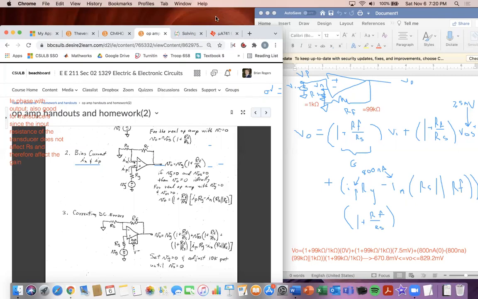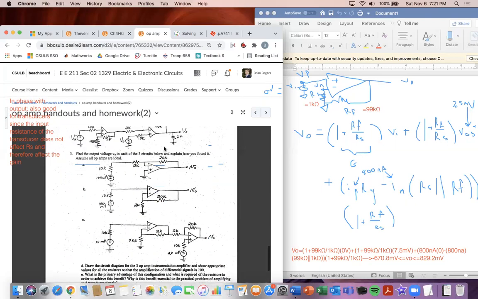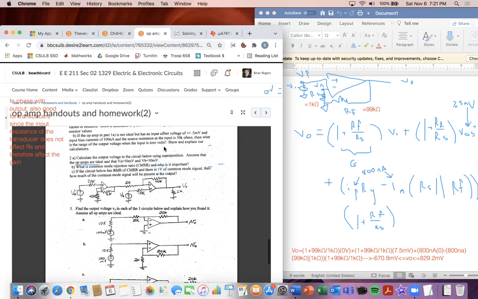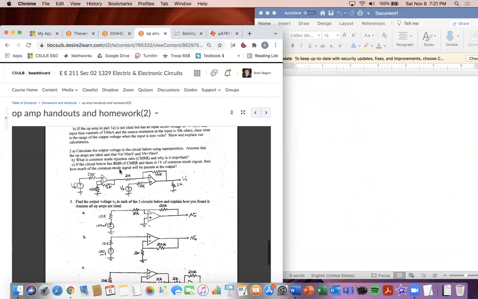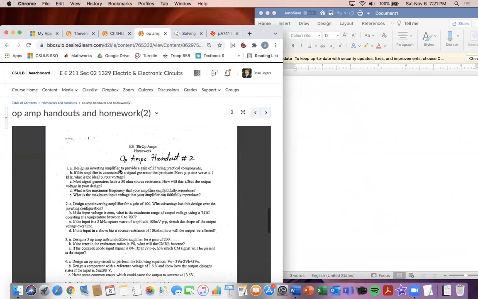Okay, now that we talked about that, good example, everyone. Let's get to part C. I'm just going to clear this up because I feel like it's a little crazy. Okay, if the input is a 2 kilohertz square wave of amplitude 100 millivolts peak to peak, sketch the shape of the output voltage over time.